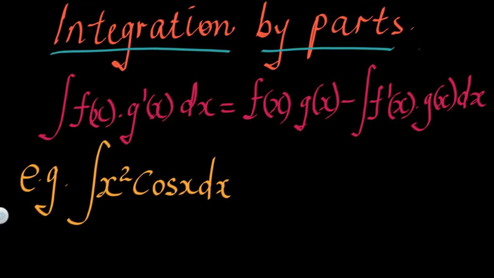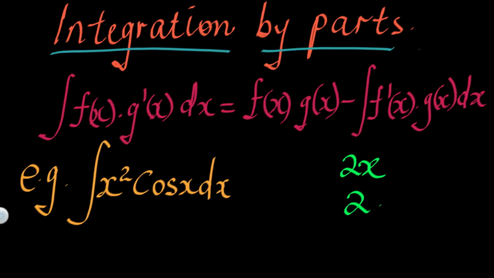But if we differentiate x squared the first time, we get 2x. If we differentiate the 2x, we get a 2. This function becomes our best choice for f of x. The function that on successive differentiation dissipates into a constant, that's what you choose as your f of x.